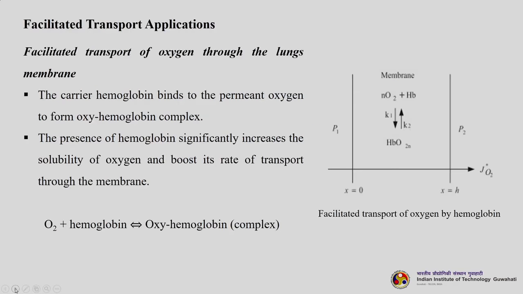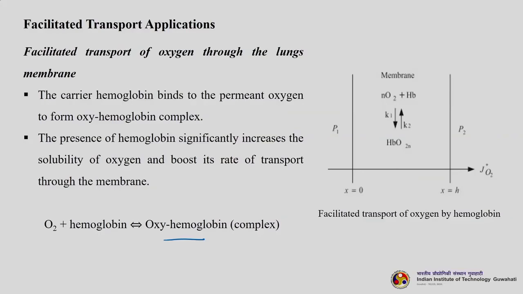So, let us understand a few real life applications, like facilitated transport of oxygen through the lungs. The carrier is hemoglobin here; it binds to the permeating oxygen to form the oxyhemoglobin complex. Now, this oxyhemoglobin complex diffuses through the membrane, and once it reaches the permeate side, it releases the oxygen to the opposite side and is again free to bind to another molecule of oxygen.